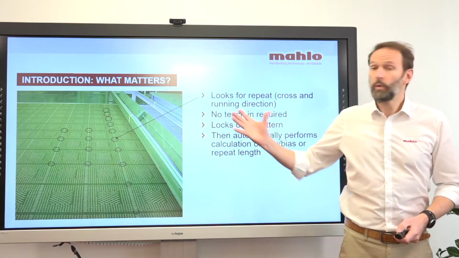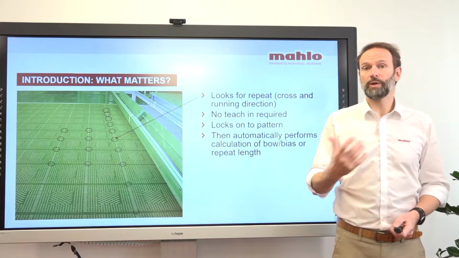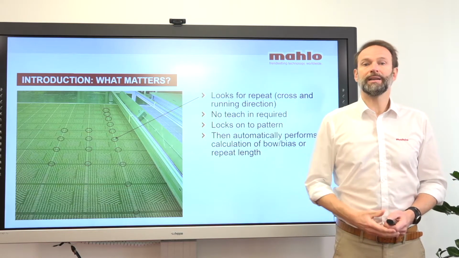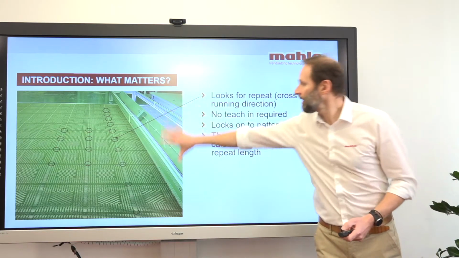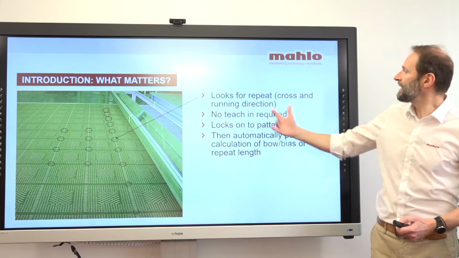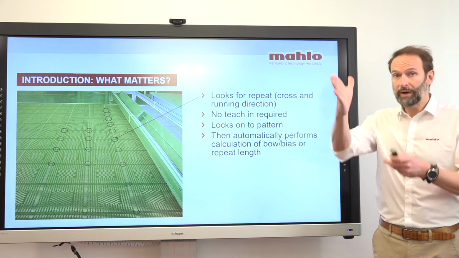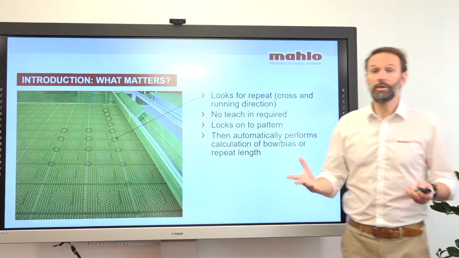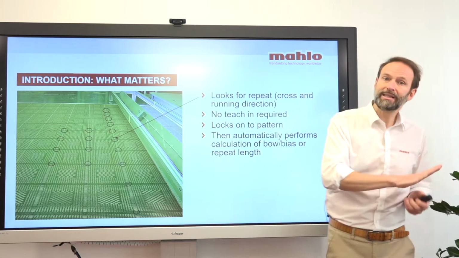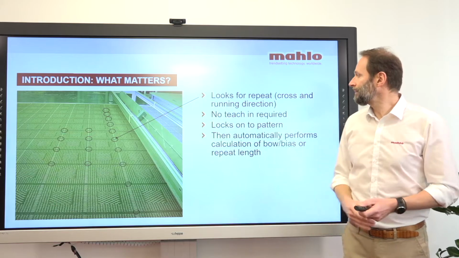But first of all, why is it so important to have a regular and a straight pattern? As you can see over here, all these points, they are looking for the right cross sections, and they are important for the repeat of the entire setup of the carpet.